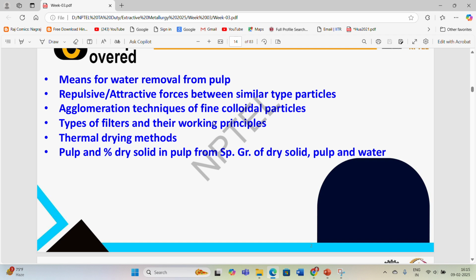In most of the mineral processing steps, or we can say beneficiation steps, we generally go with wet processes, like we are using a water system, because if we are talking about a size range of less than minus 150 micron or 200 micron, then it is very difficult to treat them in the dry condition.